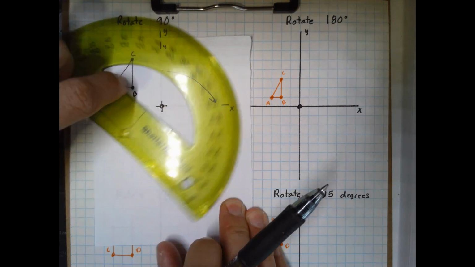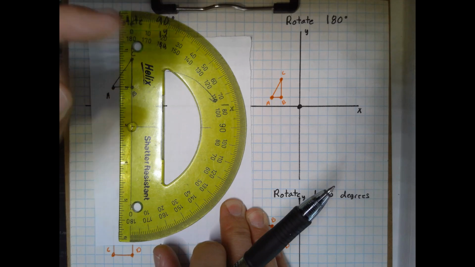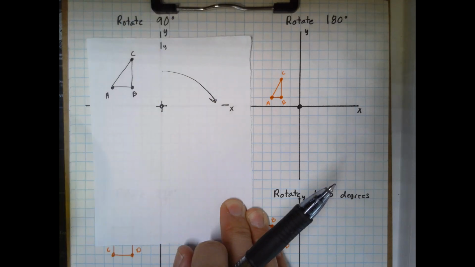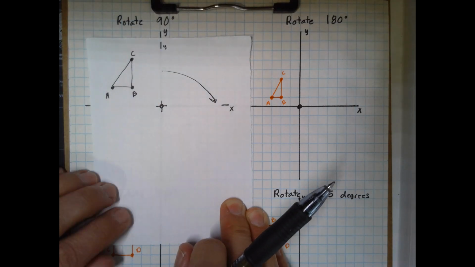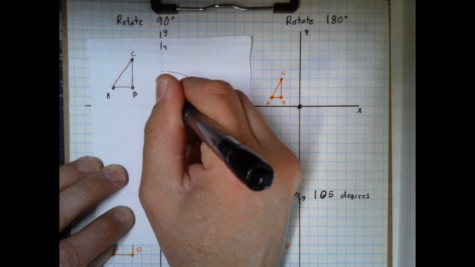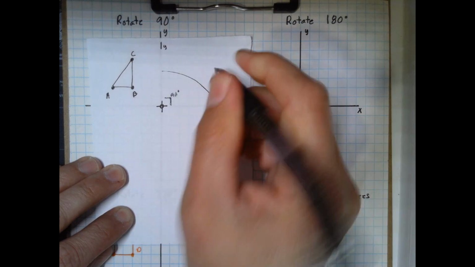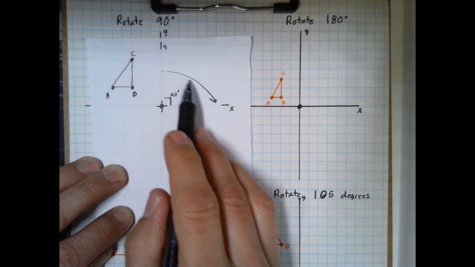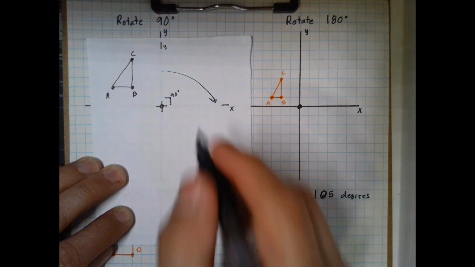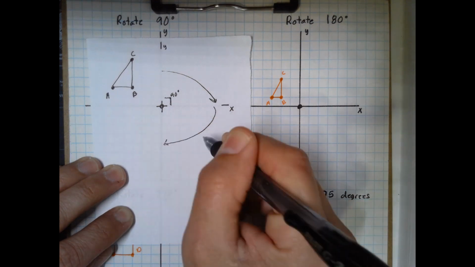And if I were to turn another 90 from there, I'd flip this over on the side. I could go another 90, which is another quarter turn, and another 90, and another 90, and eventually I'd be at 360 degrees all the way back. So just to show you what I mean, I'm going to put a right angle symbol here. This is a 90-degree angle from the y-axis over to the x-axis. If I want to turn it another 90 degrees, I just go from that axis to the next one.